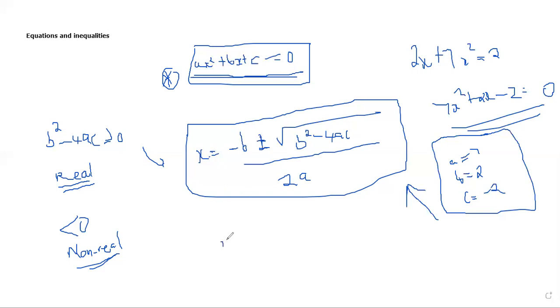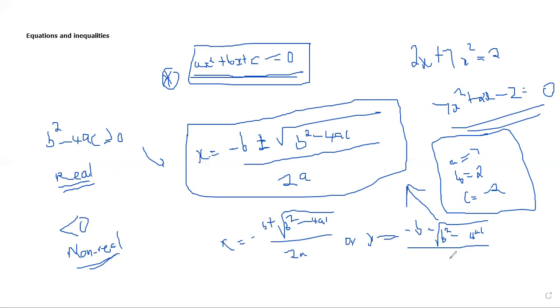It's the same as saying x is equal to negative b plus the square root of b squared minus 4ac, all over 2a, or x is equal to negative b minus the square root of b squared minus 4ac, and then the whole of this over 2a.